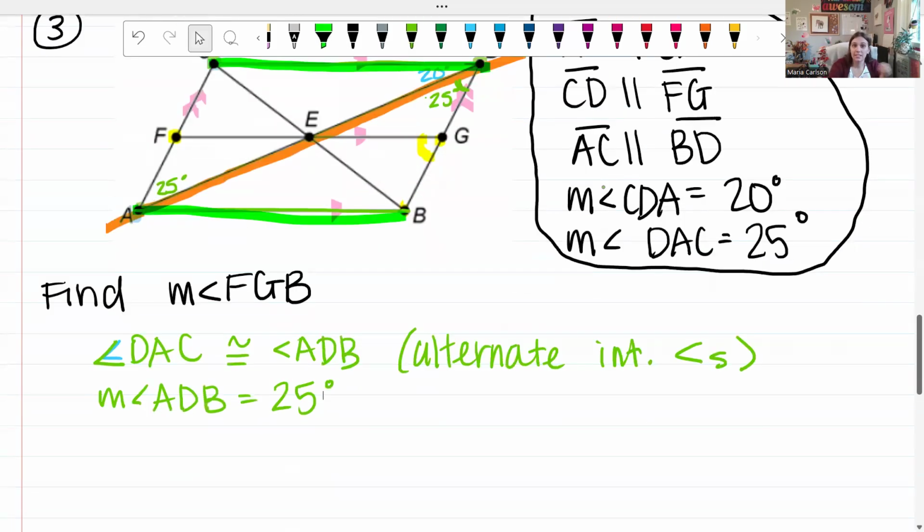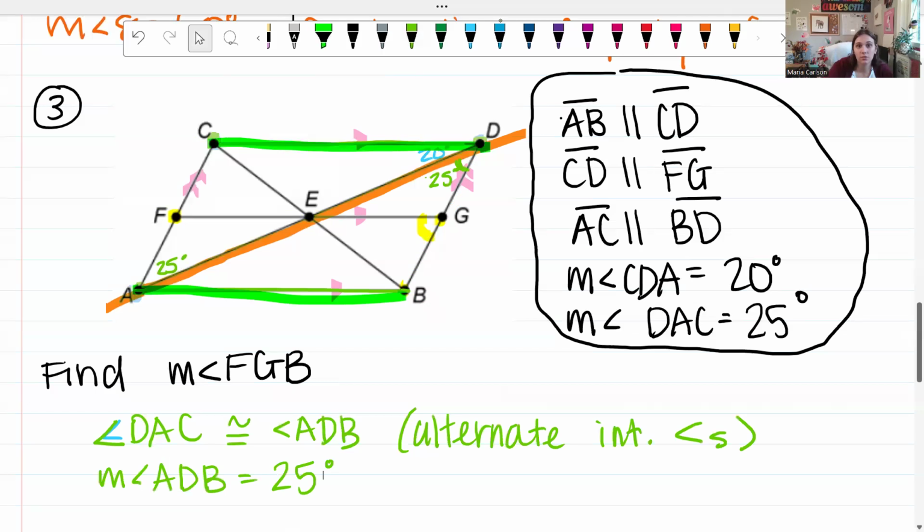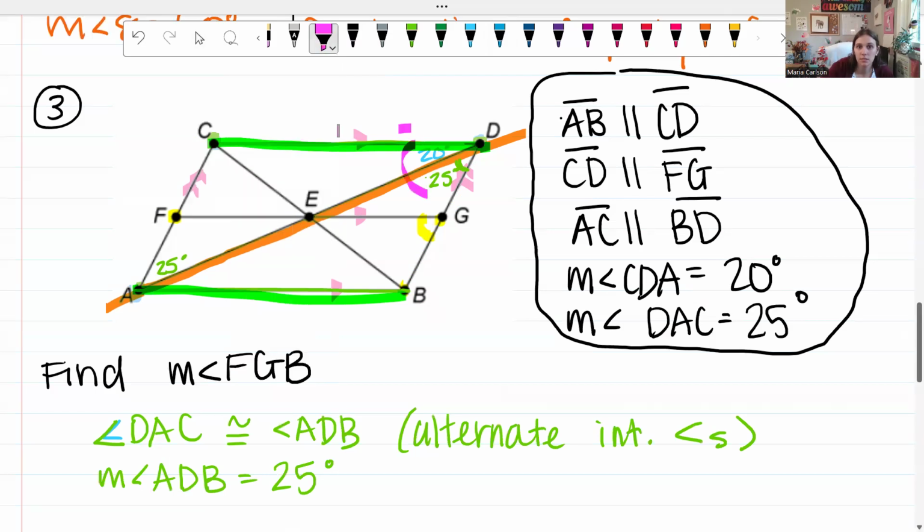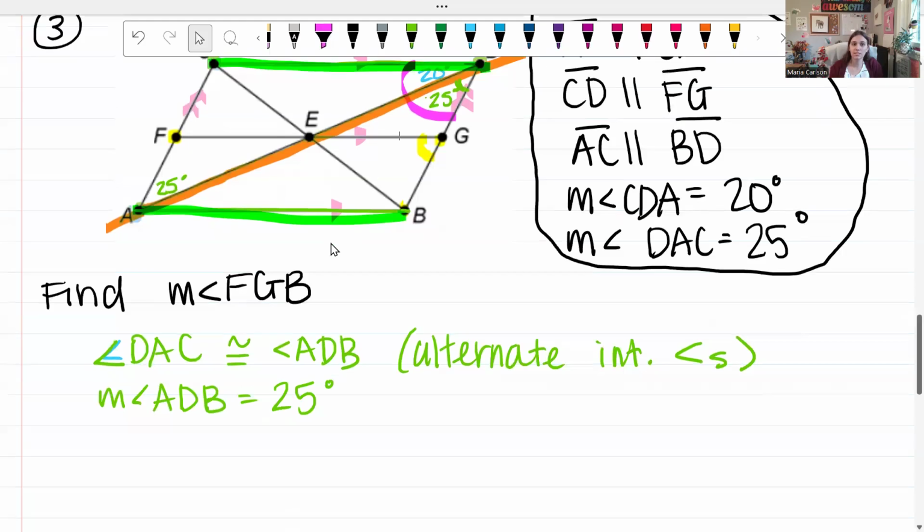Now I can find the entire measure, right? We know this angle CDB. CDB is going to be 20 plus 25. So the measure of angle CDB is the same thing as adding up those two smaller angles.